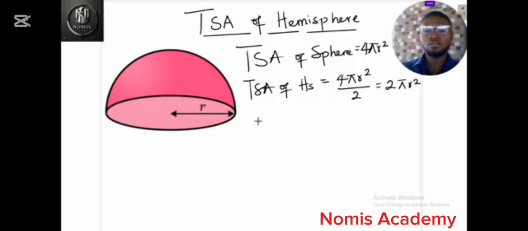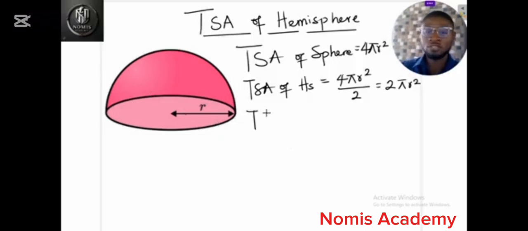But looking at hemisphere, we now have a different base area, which must be inclusive in our calculation of the total surface area. So having known that half of the sphere is 2 pi r squared, we need to add the surface of the what? Of the base. Now looking at the base, what is the surface? Yes, the surface is circle.